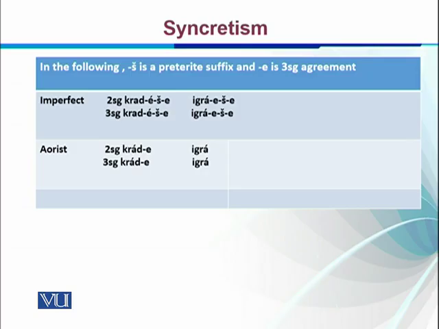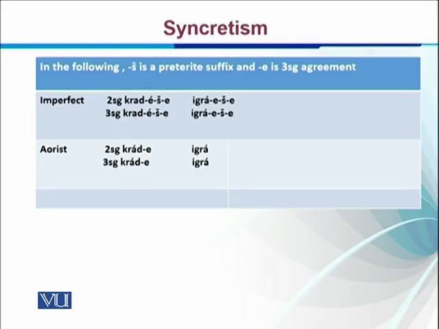So the aspect we are discussing is that in certain languages, right, a single word gives two forms, imperfective and aorist. For example, in many languages, he went and he was going are given by the same verb, right? So these are different aspects of different languages which are discussed under this heading, syncretism.